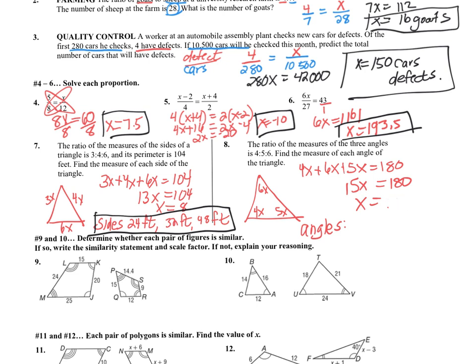That is going to be 12. There you go. And if we go to do our angles now, 4 times x, and x is 12, that is going to give us 48 degrees. 6 times x, and x is 12, that is going to give us 72 degrees. And 5 times x, 5 times 12 is going to give us 60 degrees.